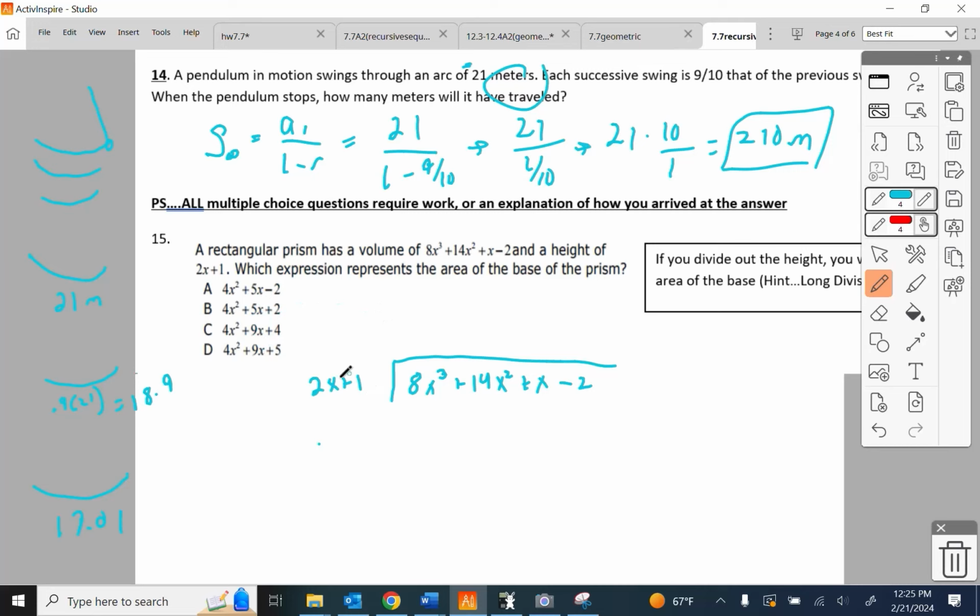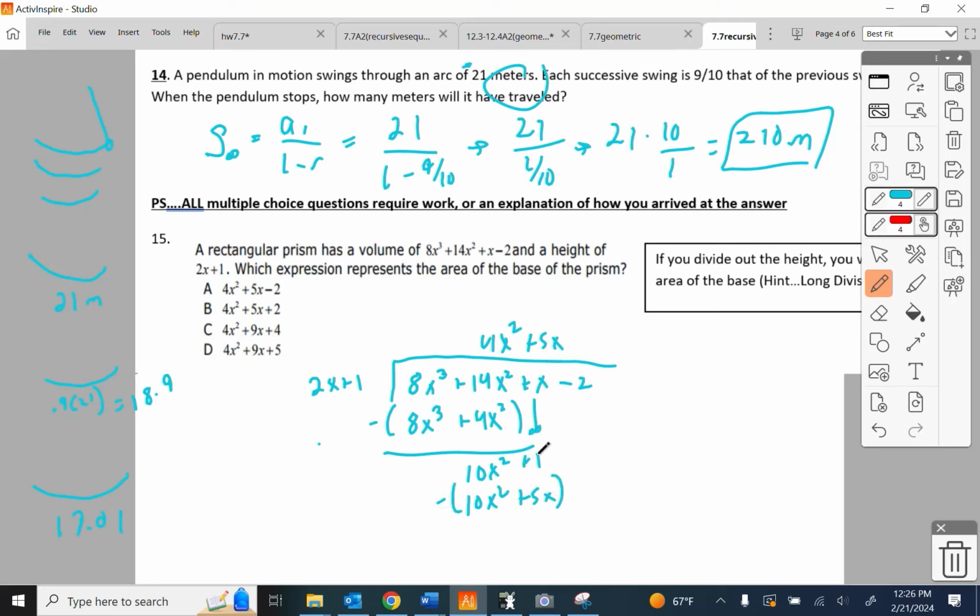Anyways, 2x times 4x squared is 8x cubed. Distribute: 8x cubed plus 4x squared. Wrap before you subtract: 10x squared. 2x times 5x is 10x squared. 10x squared plus 5x. Wrap before you subtract.